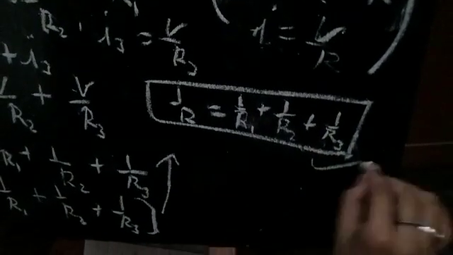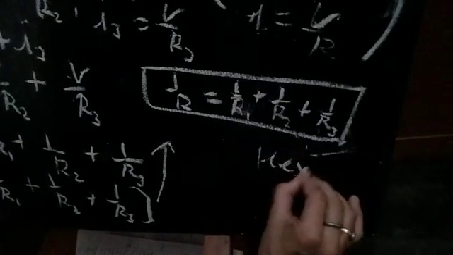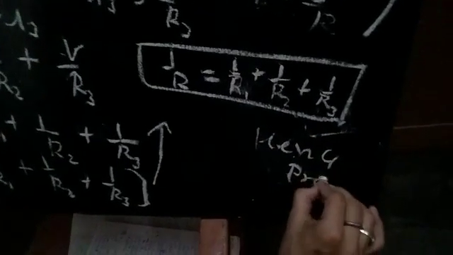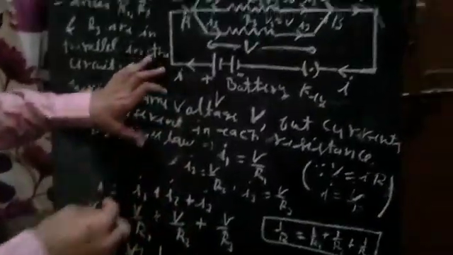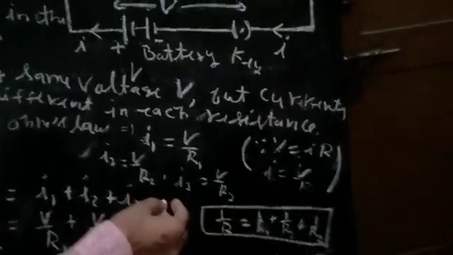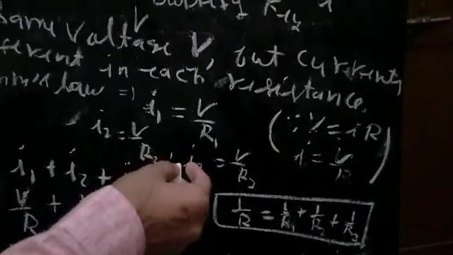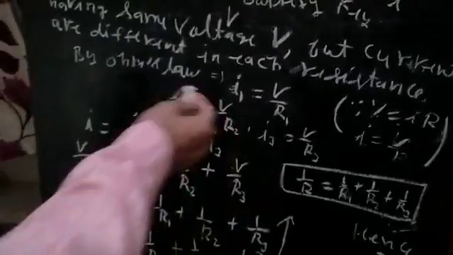This is the formula for resistors in parallel combination: 1 by R is equal to 1 upon R1 plus 1 upon R2 plus 1 upon R3.